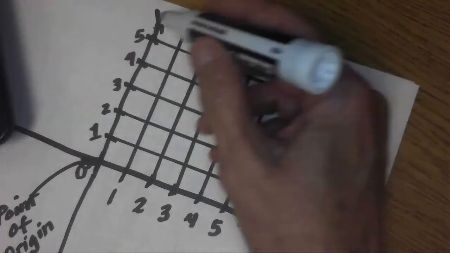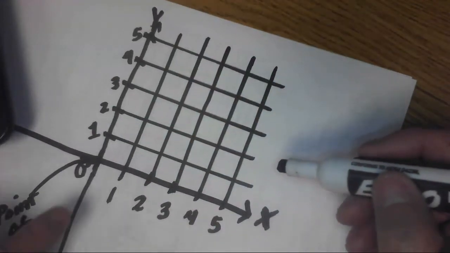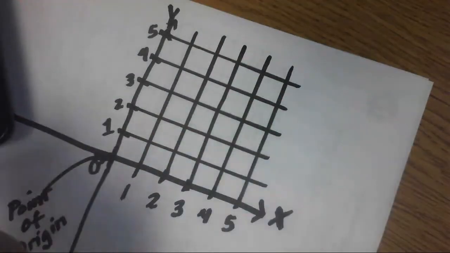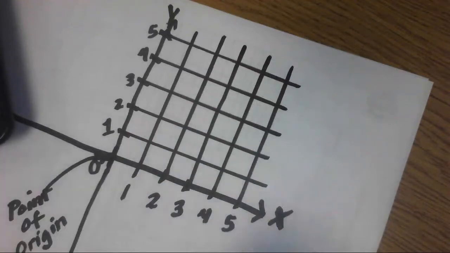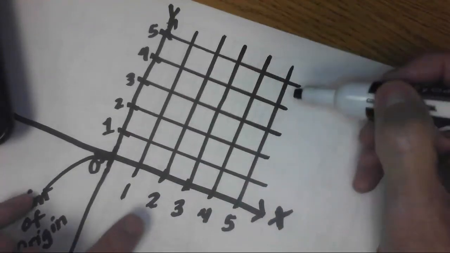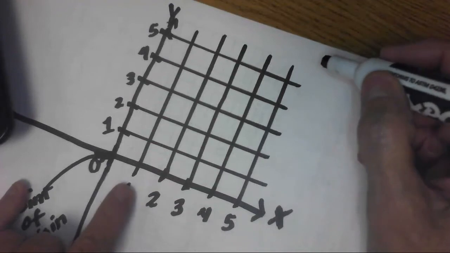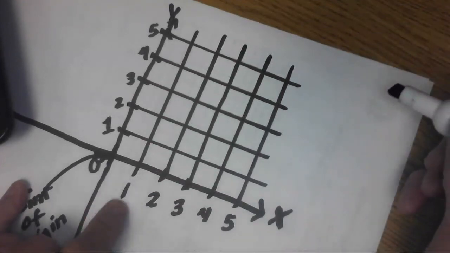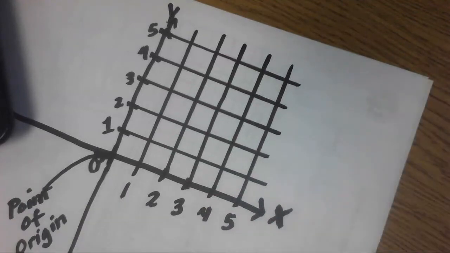The lines extend all the way this way and down and across the entire coordinate plane. We are only drawing the lines for the top right-hand corner, which is called the first quadrant. And we are going to plot some points on here.